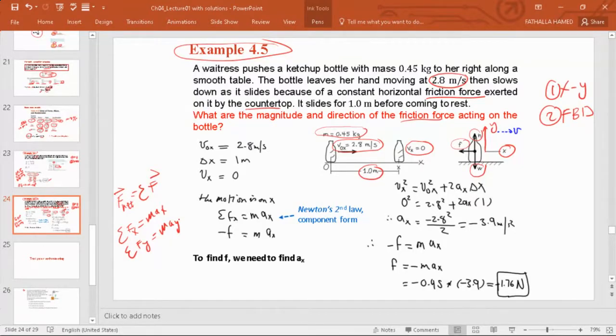Everything is happening along the x. So what I have here is the summation of Fx equal to max. Now, I look at the forces acting along the x, I only see friction. And friction is acting along the negative x direction, and that's why you say it's minus F here. And that should equal max.